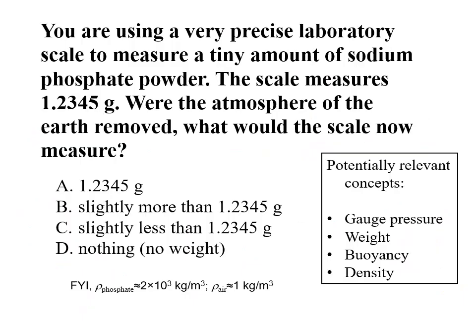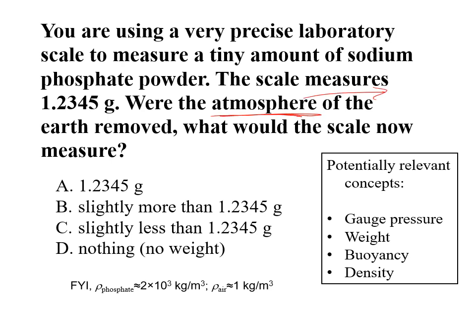A laboratory scale is used to measure a tiny amount of sodium phosphate powder. The scale measures 1.2345 grams. Were the atmosphere of the Earth removed, what would the scale now measure? So the idea here is that the atmosphere is air, which is a fluid, and therefore there is some small buoyant force due to the atmosphere.